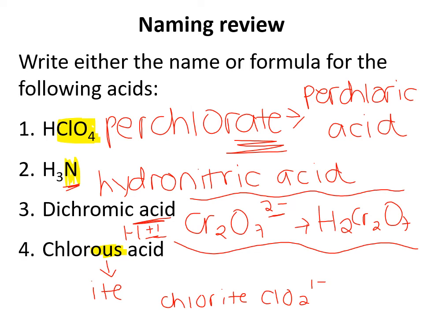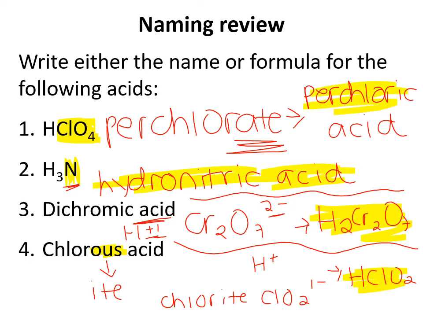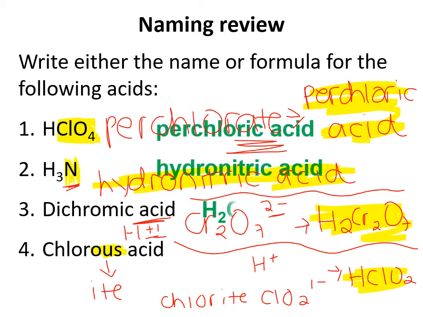And then it's an acid, so the formula starts with H plus, and hydrogen's a 1, and that formula becomes HClO2. And I'm going to highlight the names for you in case you can't read my writing. Oh, I forgot I did that. Well, there we go.